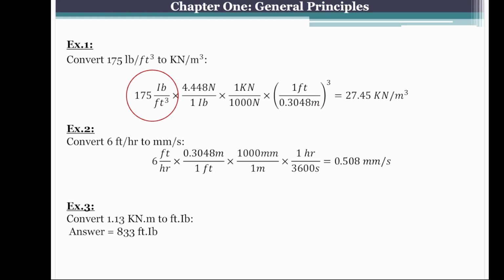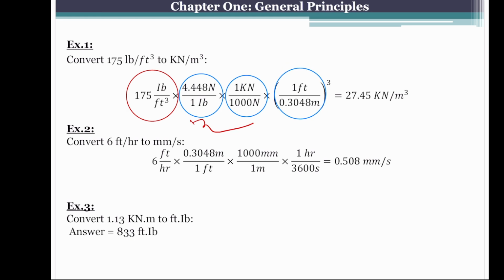We need two conversions for the force, one between the newton and the pound, and one between the kilonewton and the newton. And then we also need one conversion between the foot and the meter.